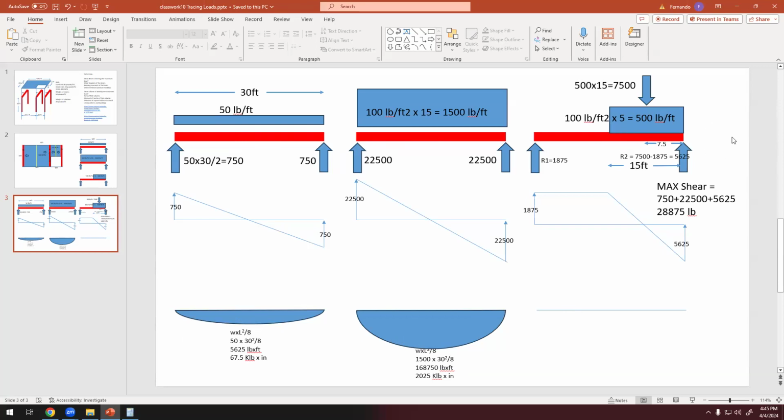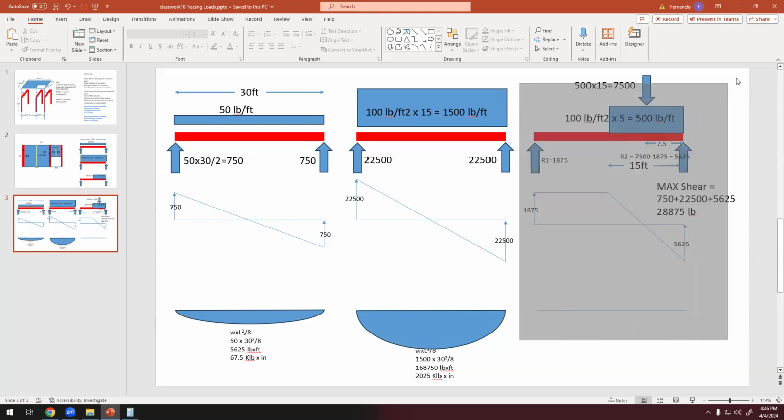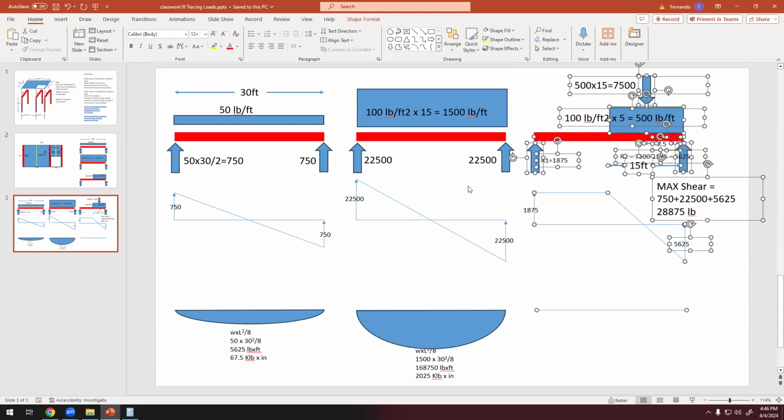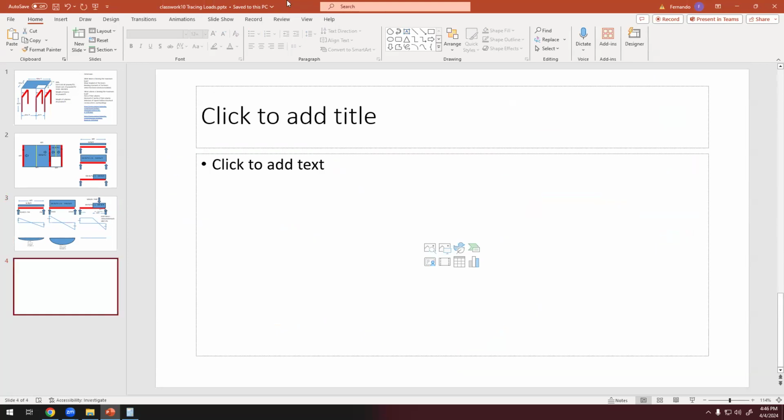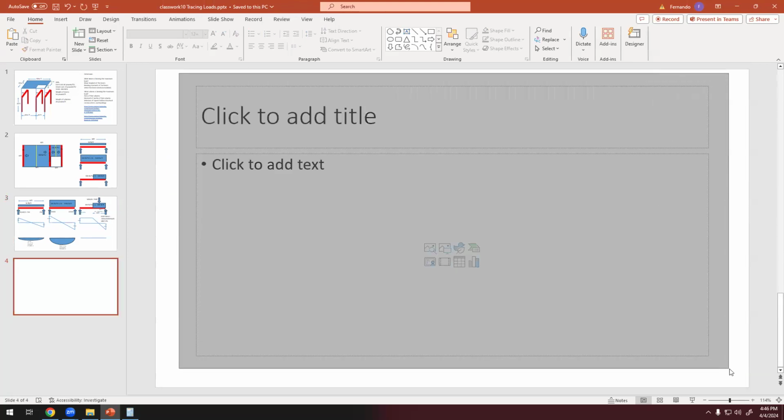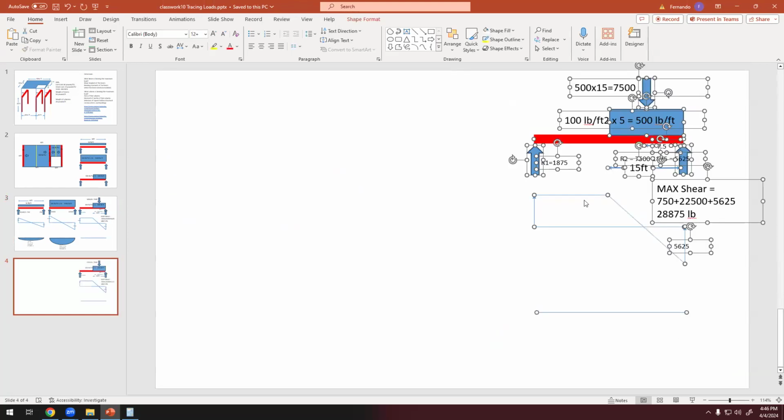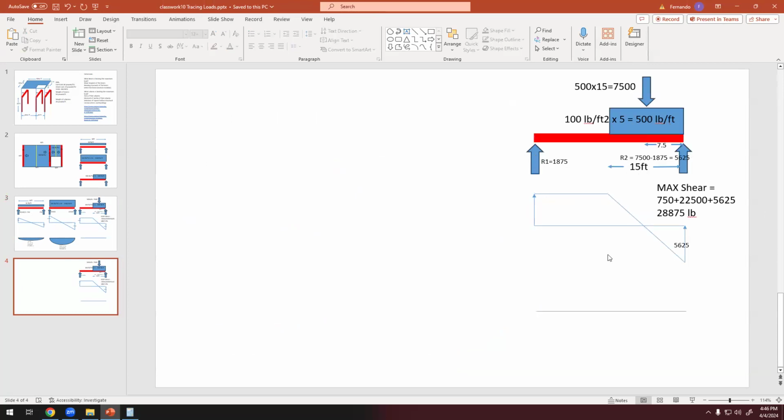So let's do it. Let's open a new slide for that bending moment, because I think it's worth it.